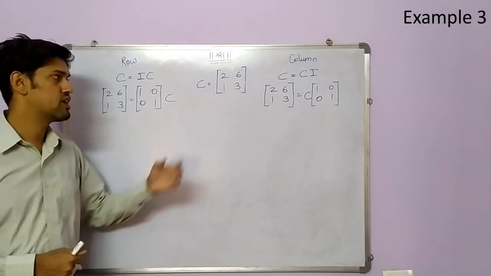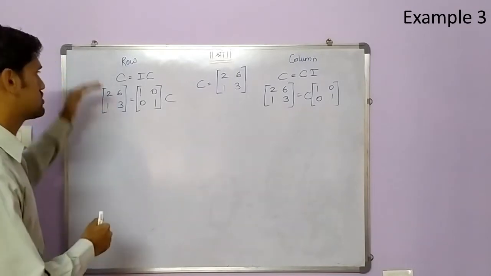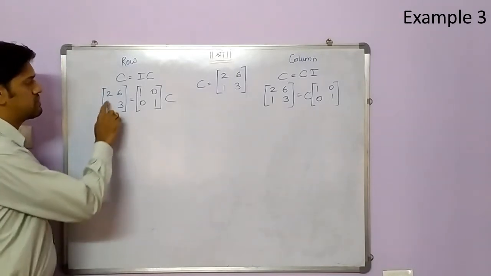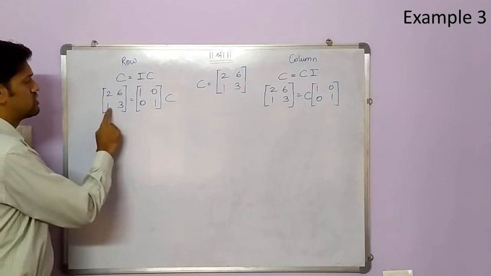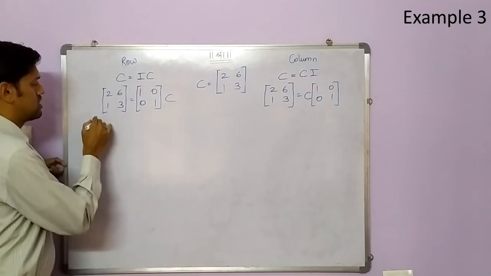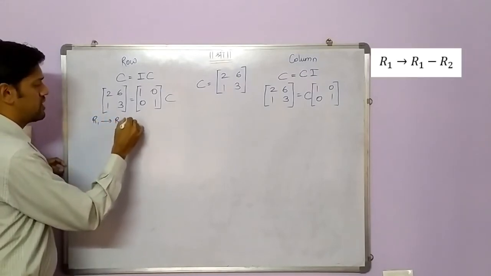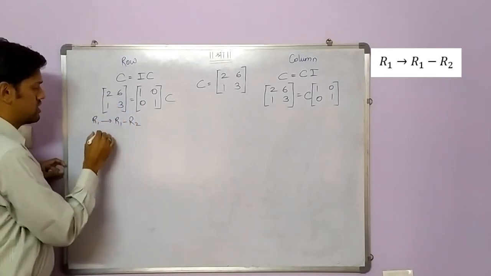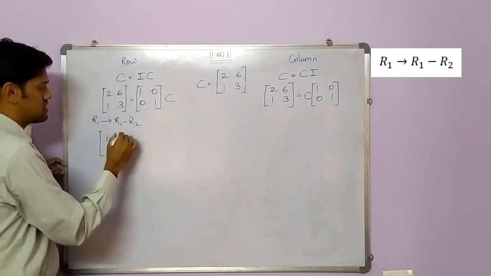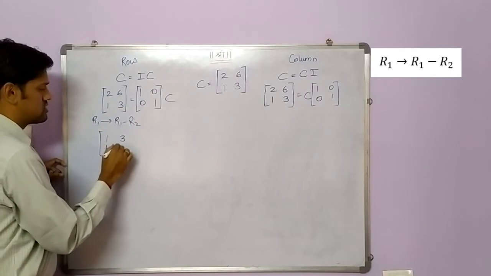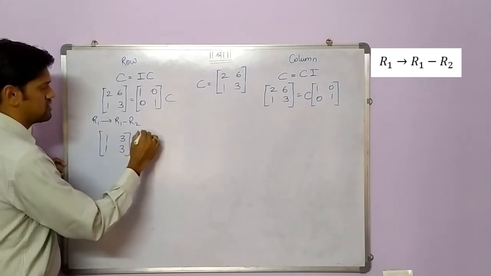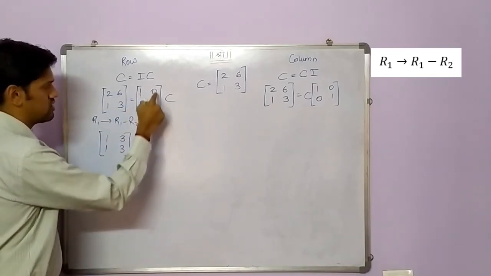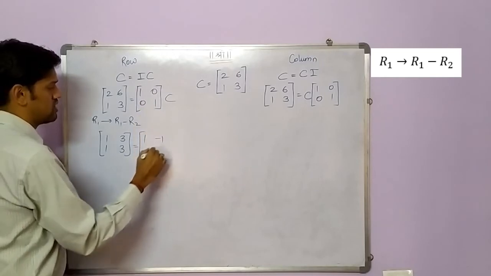Now we'll try and find out the inverse of this matrix using row transformation. The first step is to make this one, so I will do R1 as R1 minus R2, 2 minus 1, 1, 6 minus 3 is 3. This is as it is equal to 1 minus 0, 1, 1, 0 minus 1, minus 1.